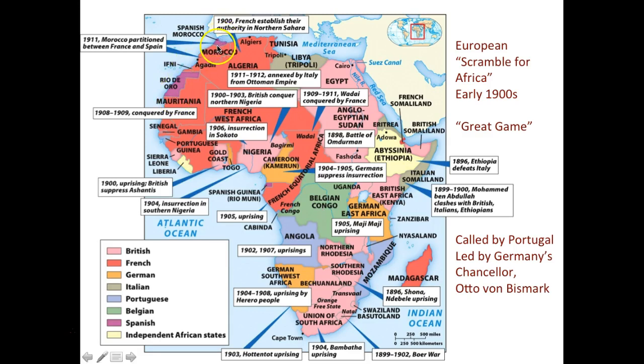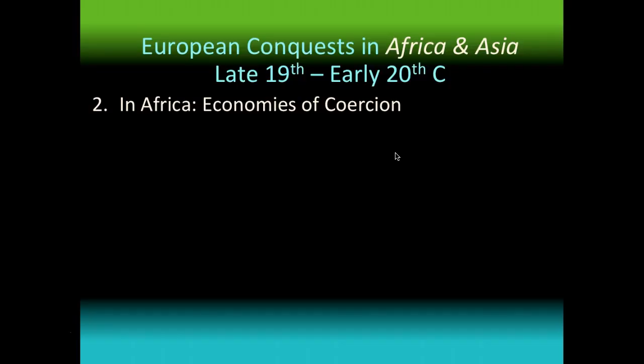The Spanish a little bit, the Italians, the Germans. And look at what is an independent state. Tiny Liberia and Ethiopia. They were relentless and didn't give up and managed to hold off imperialist powers, which is kind of amazing.